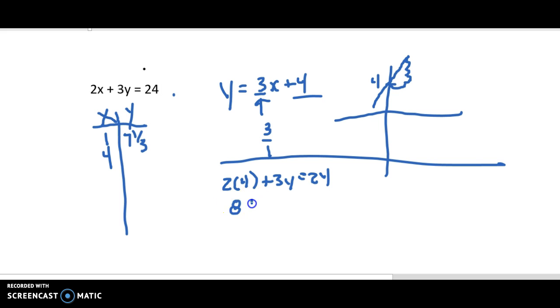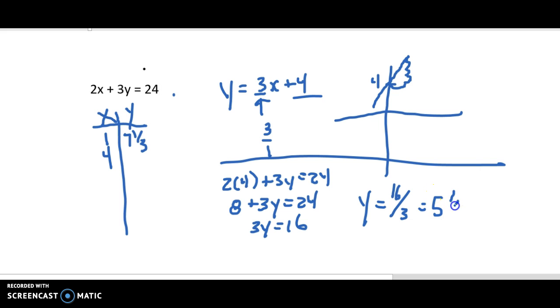So we have 8 plus 3y equals 24. Subtract 8 from both sides and you'll get 3y equals 16, or y is going to be equal to 16/3, which is going to be 5 1/3. So there we have points that we can plot. You may be able to come up with different numbers that make it cleaner. So that's the first method.